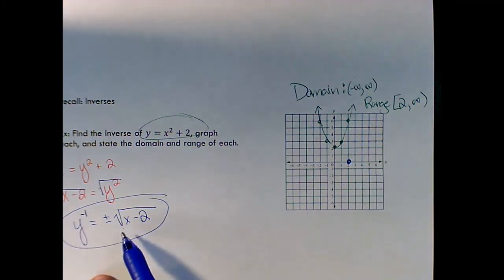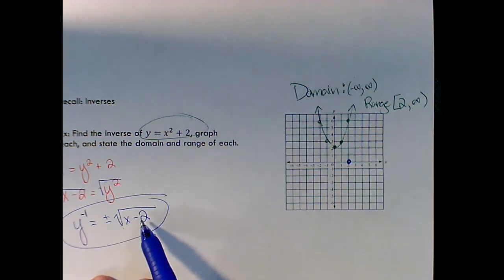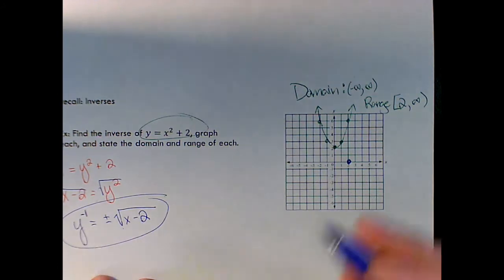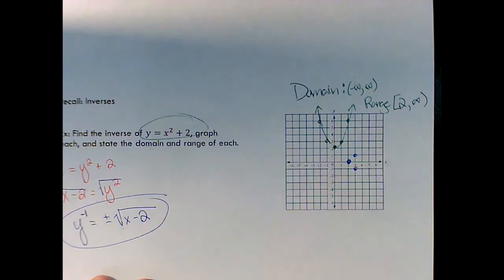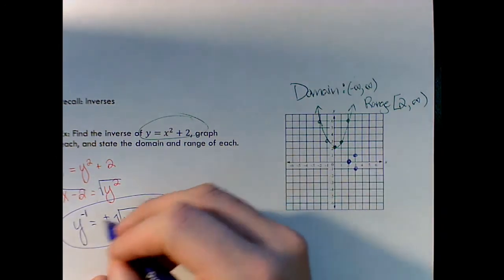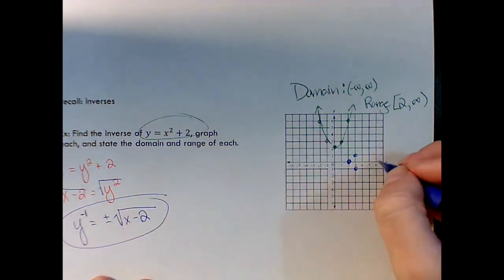If I plug in 3, I get 3 minus 2, which is 1, and my answer is going to be positive 1 and negative 1. If I plug in 4, I'm going to get 4 minus 2, square root of that sloppy. If I plug in 5, I get 5 minus 2, square root of that sloppy. If I plug in 6, I get 6 minus 2. Ooh, the square root of 6 minus 2 is the square root of 4, so I get positive or negative 2.